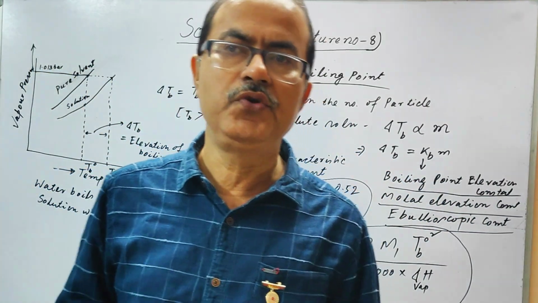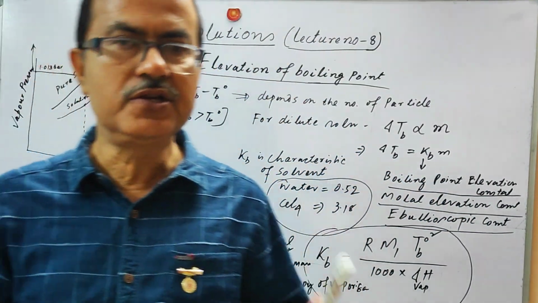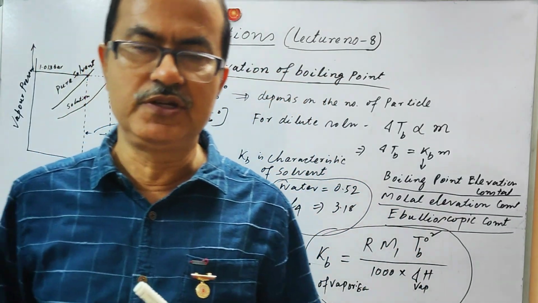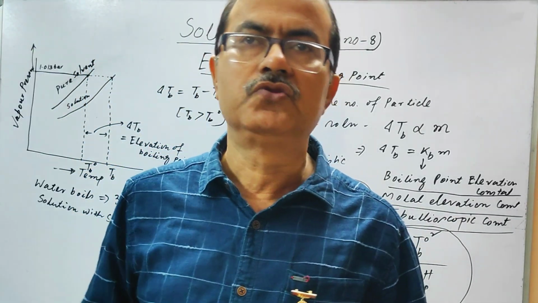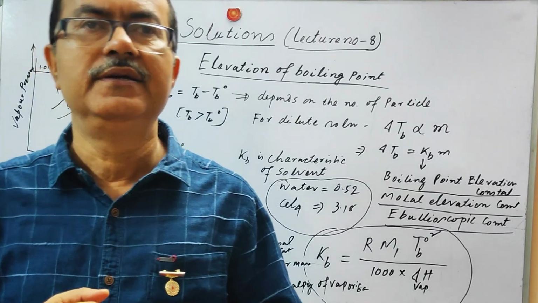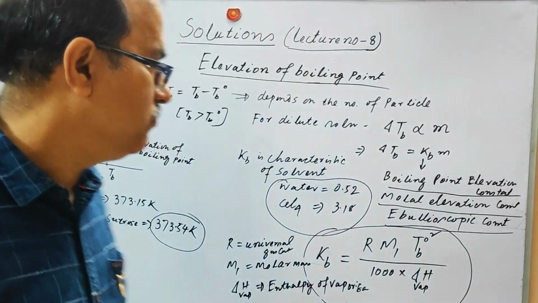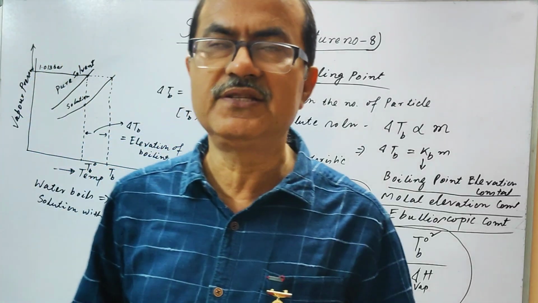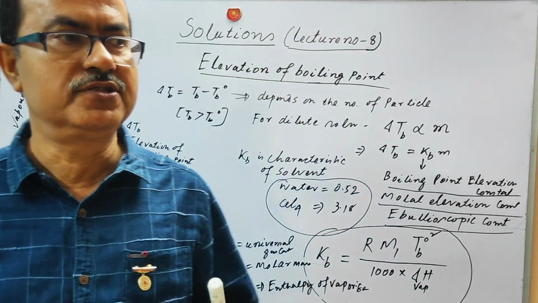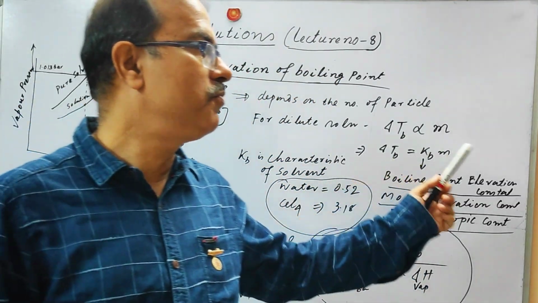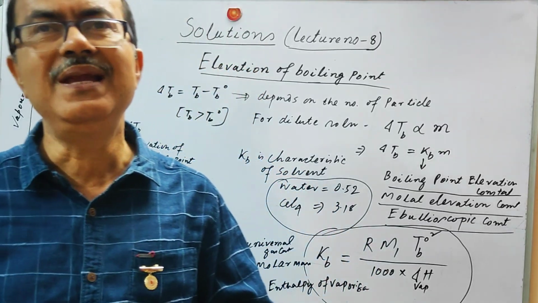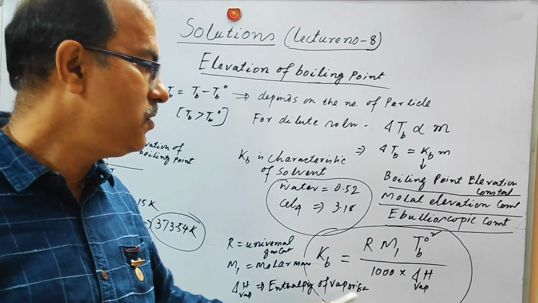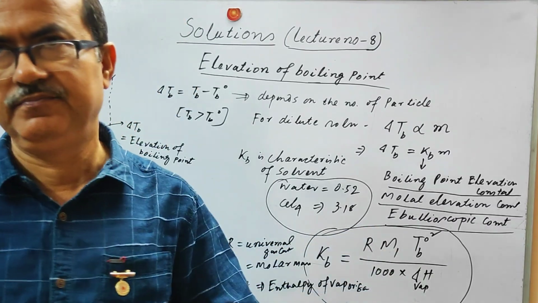I think this is clear to you, how the elevation of the boiling point with the inclusion of a non-volatile substance in the volatile solvent occurs, and how we quantify these changes: it is directly proportional to the molality of the solutions, and it is also correlated with all the factors.